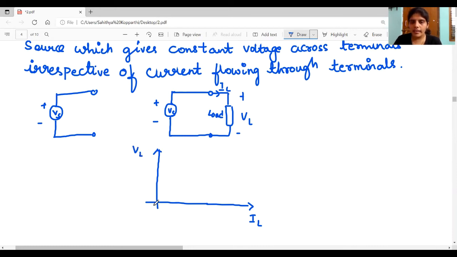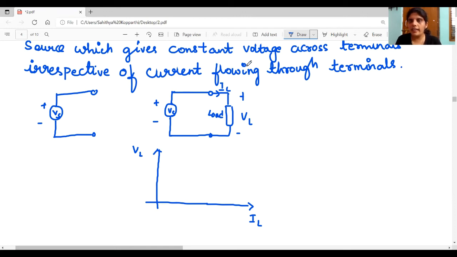I'm taking load current on the x-axis and voltage on the y-axis. Now when current is zero, even if you keep on increasing the value of the current as you move towards the right side of the x-axis, there will be no effect.